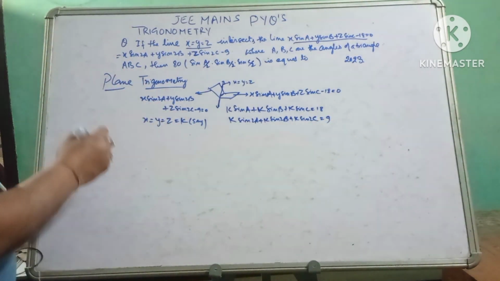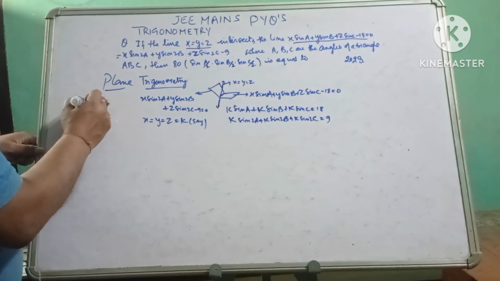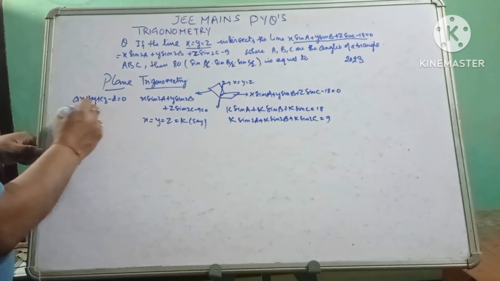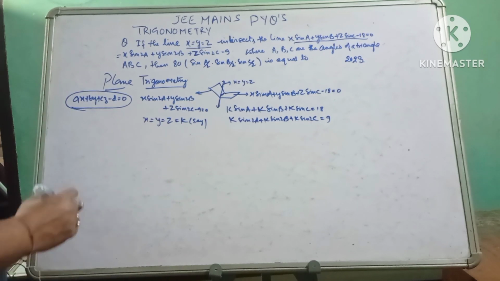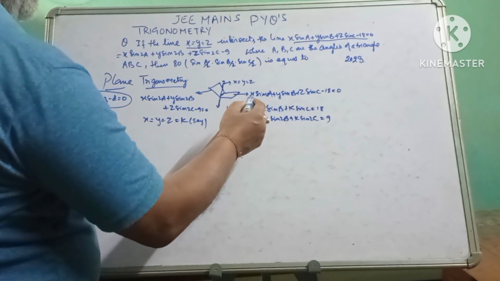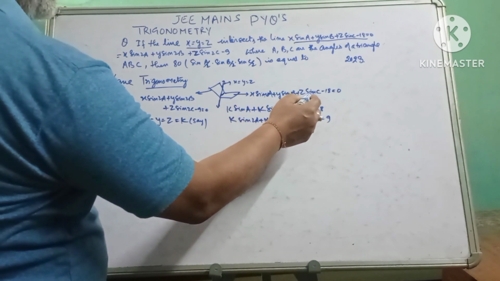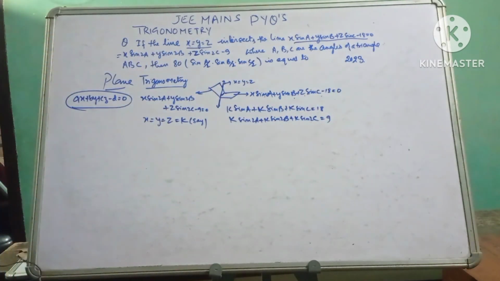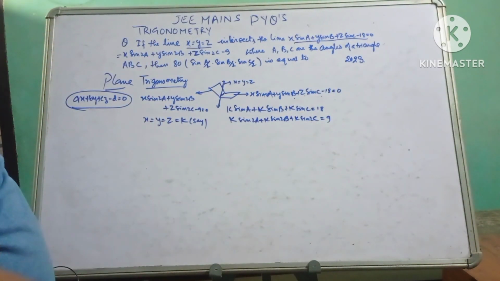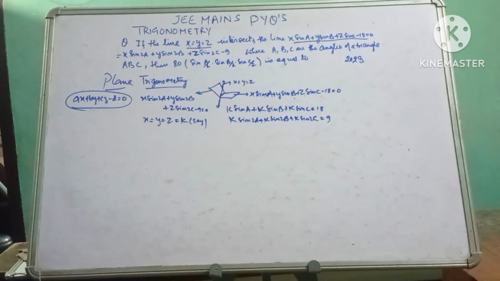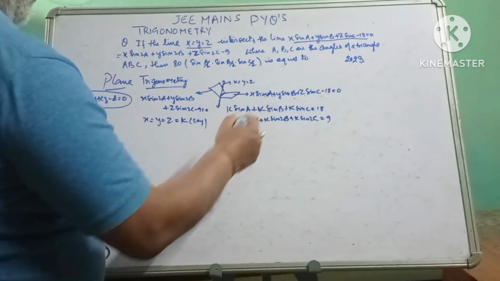Because the equation of a plane is ax plus by plus cz minus d equal to 0, it is clear that these two are equations of planes.